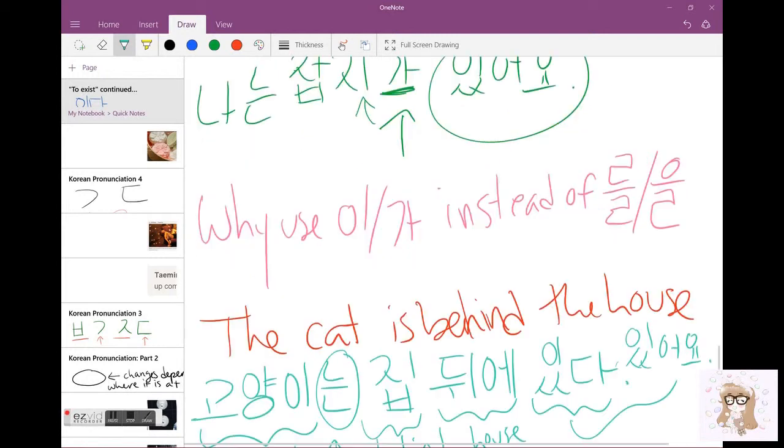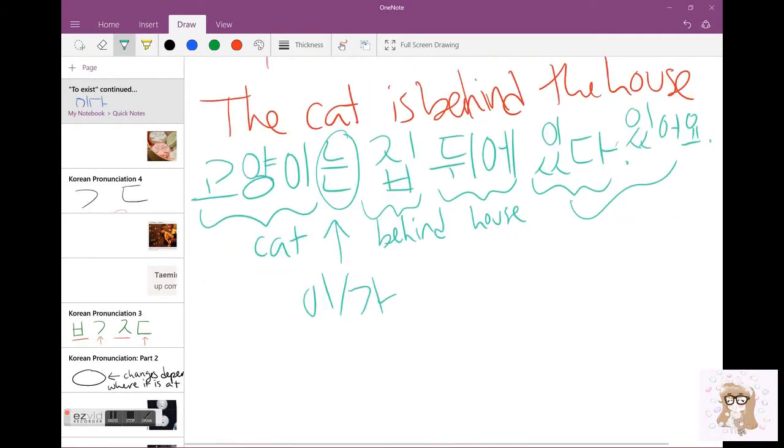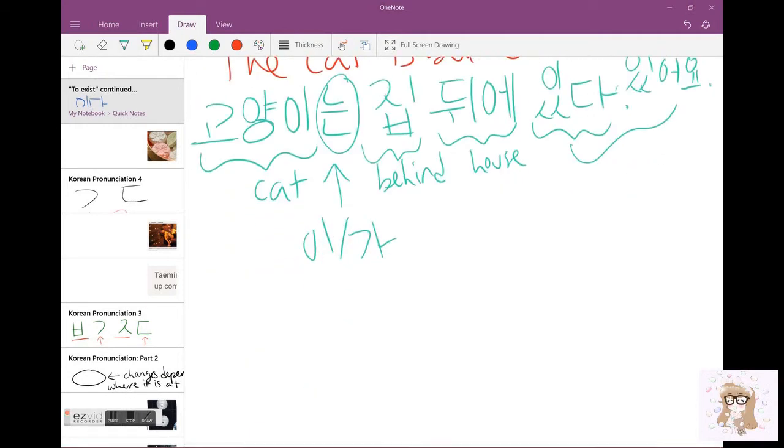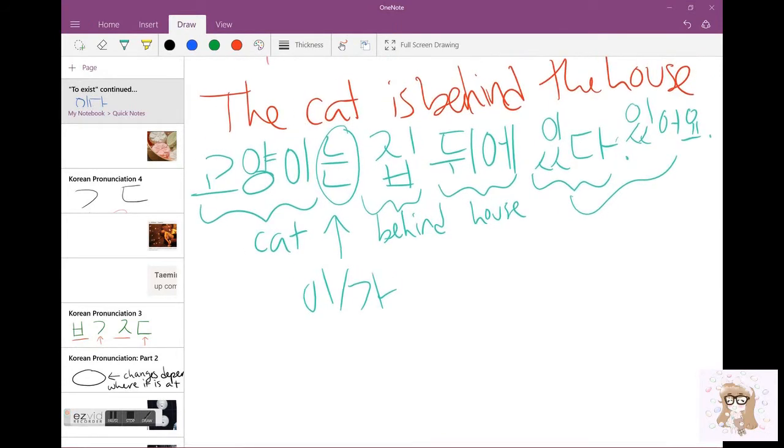Here they use 는 instead of 이 or 가. Sorry, they use 는 instead of 이 or 가. You could also write the cat is behind the house this way.